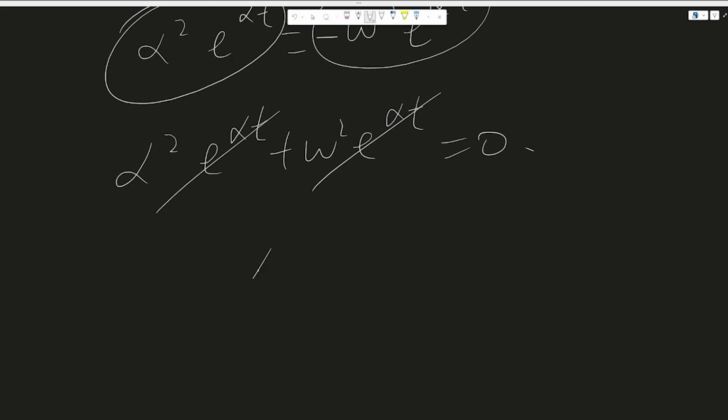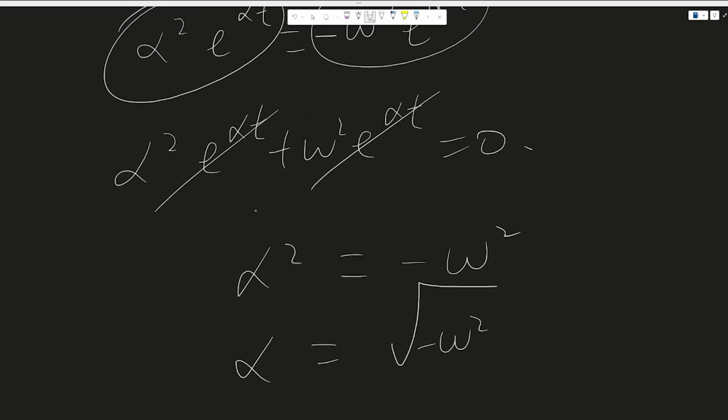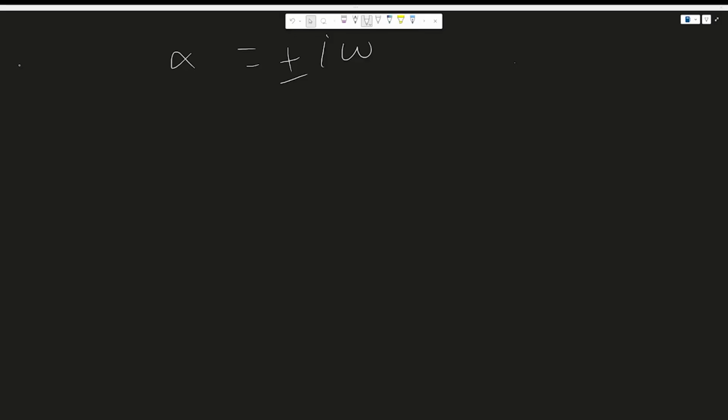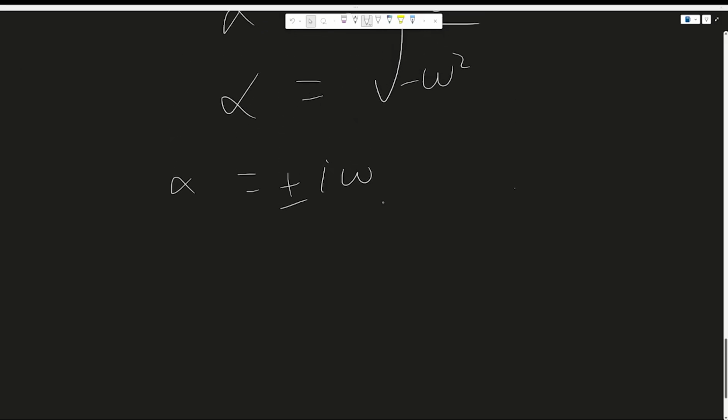So now we have alpha squared equals negative omega squared, and so alpha is the square root of negative omega squared. Now we need to use complex numbers here, so alpha equals plus or minus i omega. So now we've gotten two solutions for alpha.